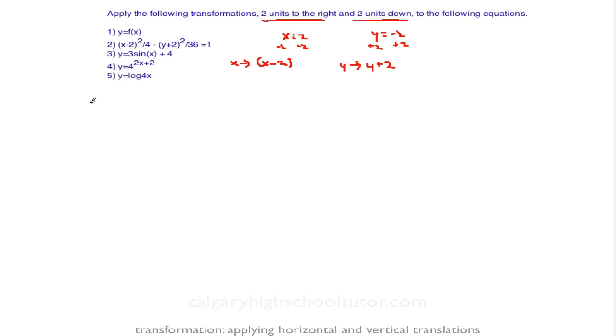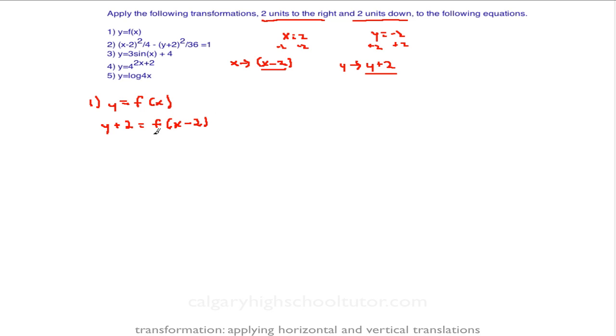Now on the first equation, given that y is equal to f of x, we need to substitute x minus 2 for x, and y plus 2 for y. So we make the substitution: y plus 2 is equal to f of x minus 2.